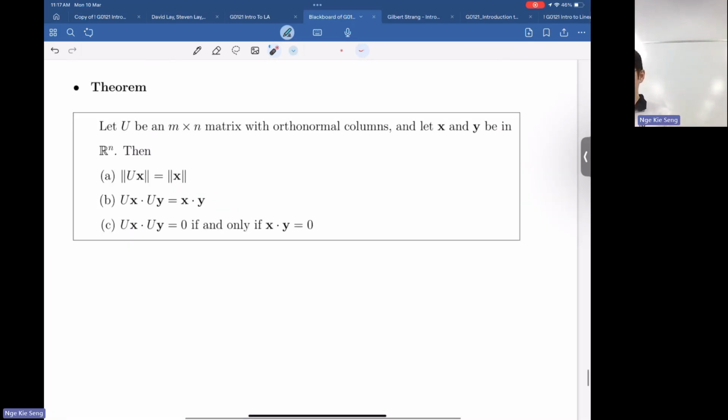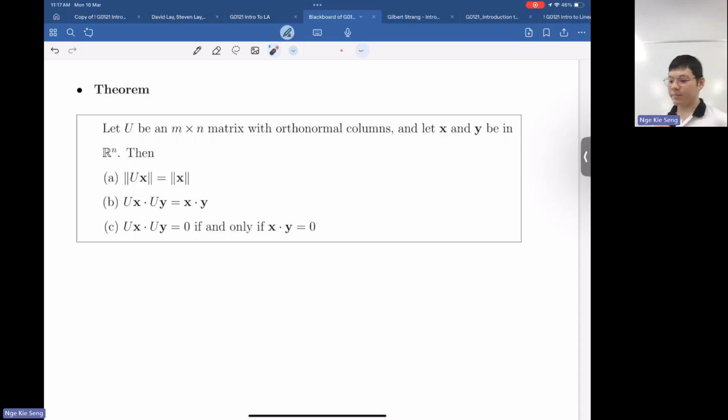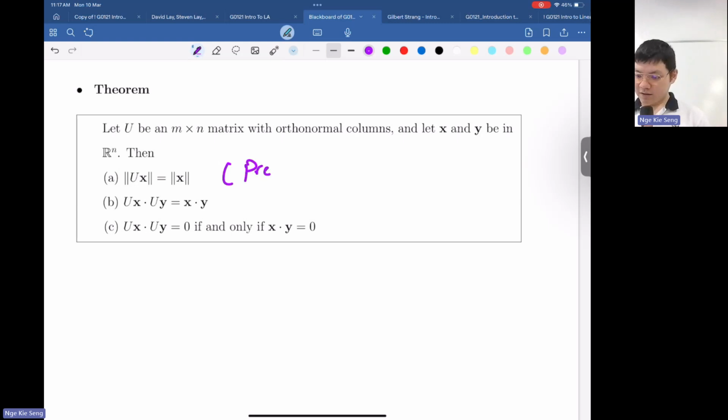All right, and a more nice thing about a matrix with orthonormal columns is that if you have an x and you multiply it with a matrix with orthonormal columns, the length of the new vector is the same as the previous one. Meaning this matrix will preserve length.